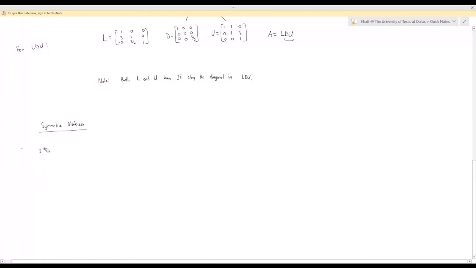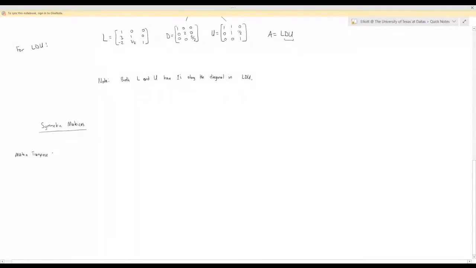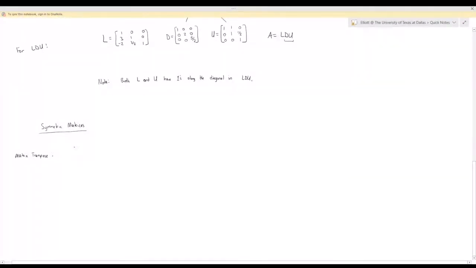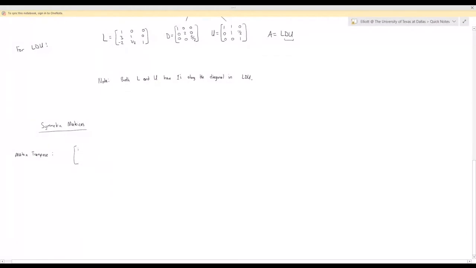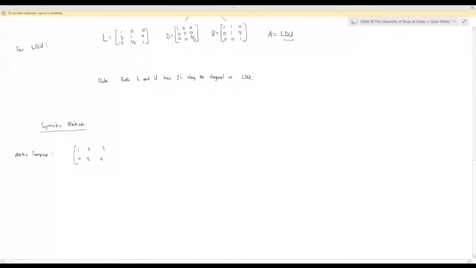Oh, well, actually, I guess I need to talk about transpose first then. Okay. So let me introduce the notion of matrix transpose. So the idea is pretty simple. You take any matrix. I'm just going to create a random matrix on the spot here.